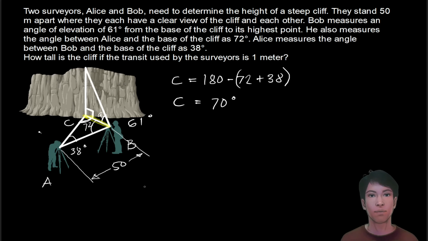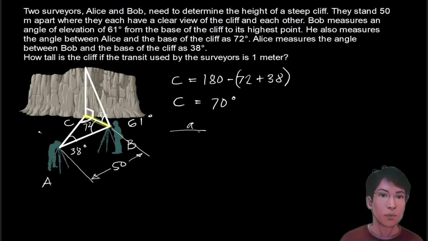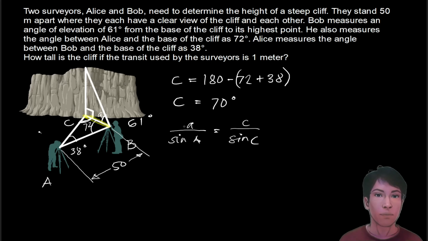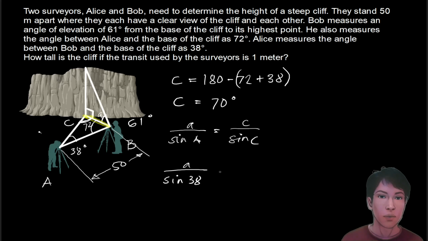So employing sine law, A over sine A is equivalent to C over sine C. What is A? We do not know. But angle A is 38, so sine 38. And then C is given as 50.